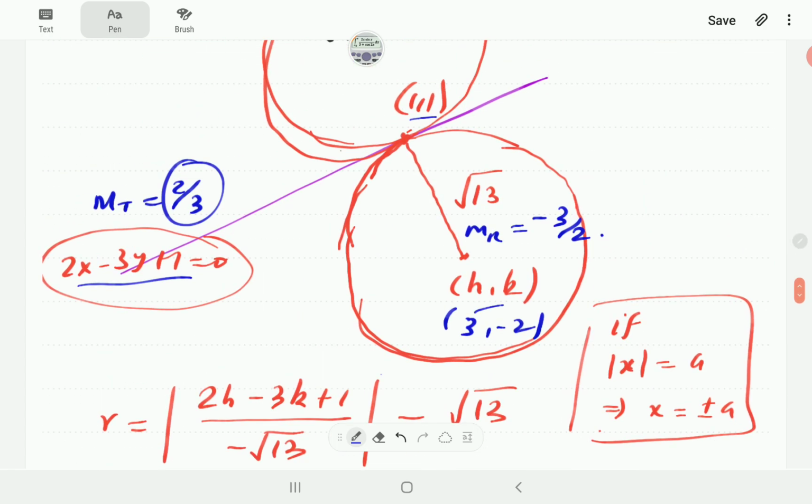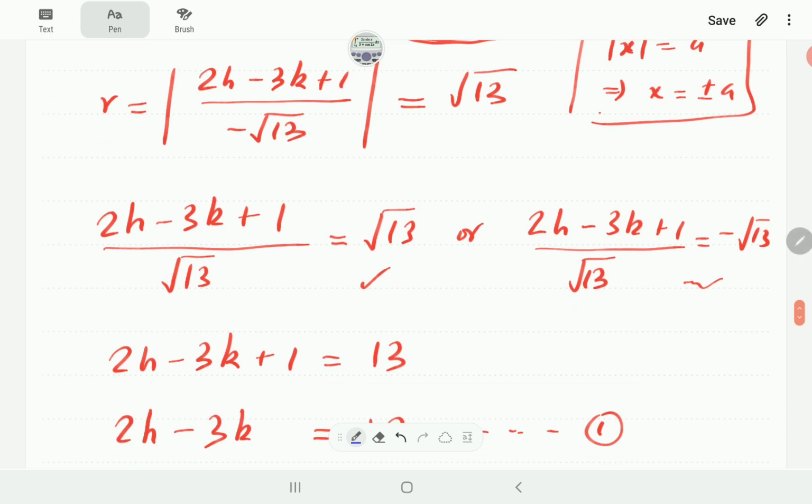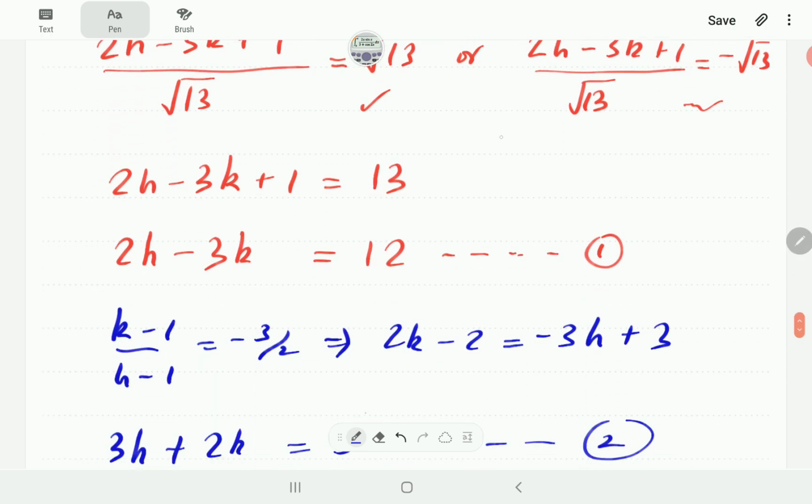Then for this other case, if you replace this equation 1 by this one here, which means it's going to be -13 in there, and we take 1 to the other side, it's going to be -14.